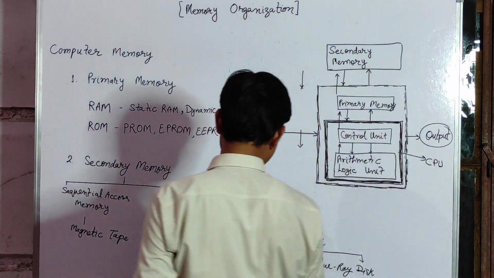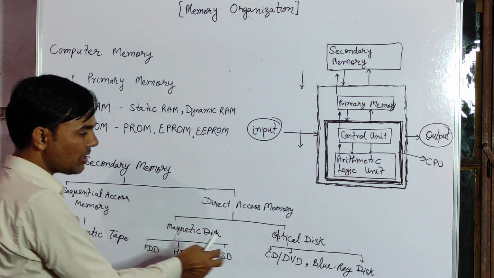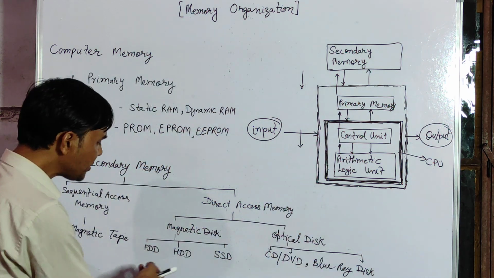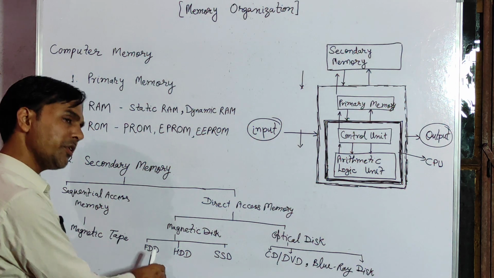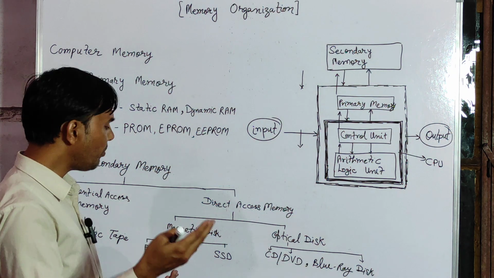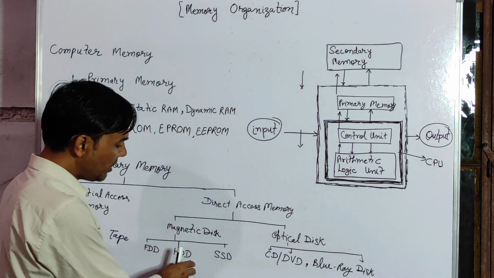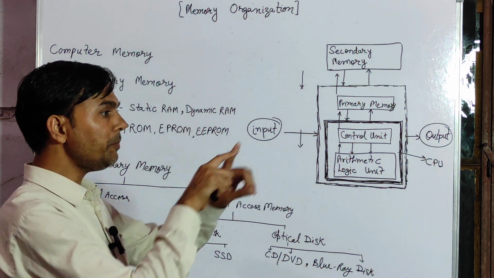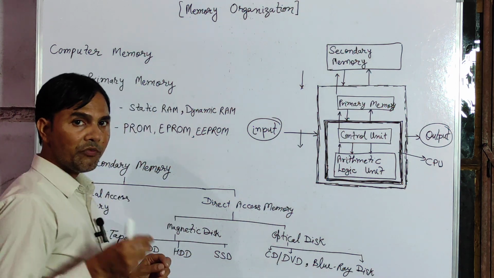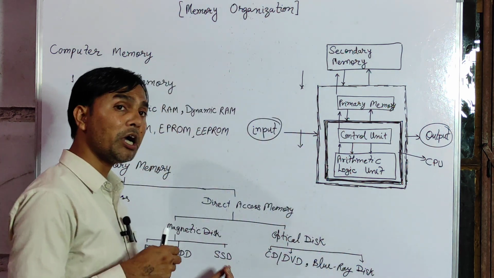The second one is direct access memory. We can access the data directly from these memories. Here two technologies are available: the magnetic disk and the optical disk. In magnetic disk we have the floppy disk drive, which in the old technology worked with 1 or 2 MB of data storage, then the hard disk drive, a magnetic platter within a square or rectangular case, and the solid state drive, which is very miniature in size and has high speed as well.